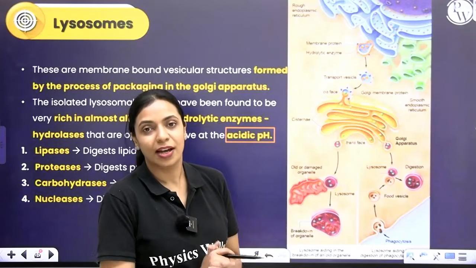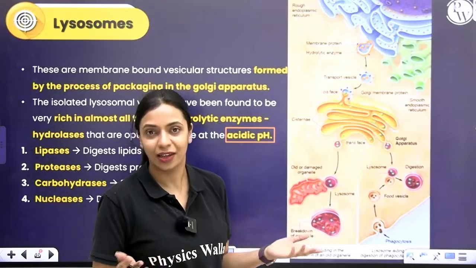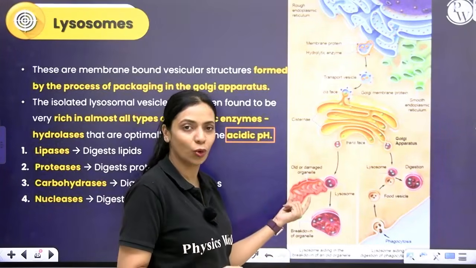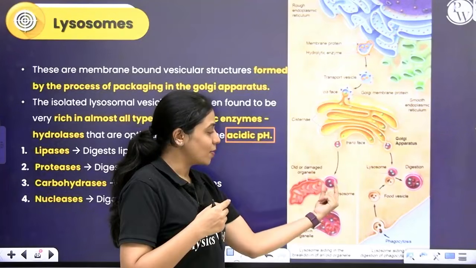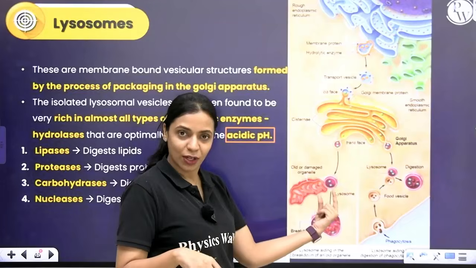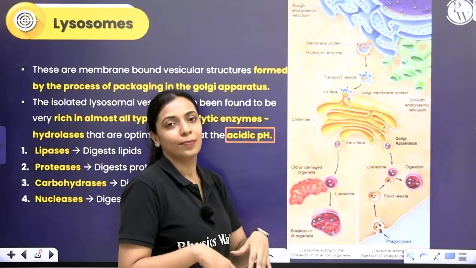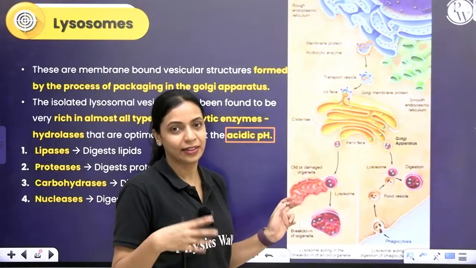It is called a suicide bag because its function is to destroy things that are not working well in the cell. It could be a damaged organelle. For example, mitochondria, if they become old, are not producing as much ATP as they should. The membrane of the lysosome fuses with the outer membrane of the mitochondria. Normally, pH will not be 2. So these enzymes won't be active. They will be in their inactive form.